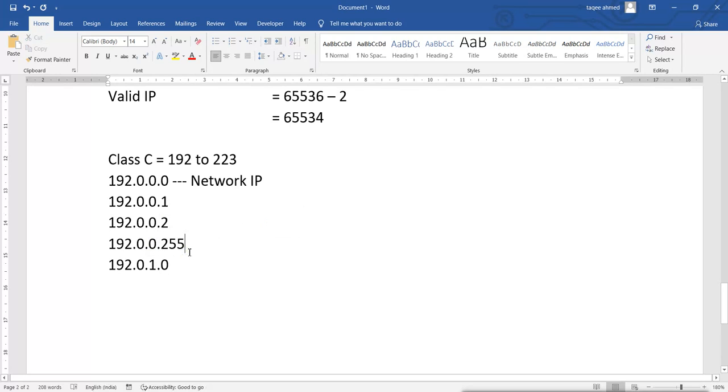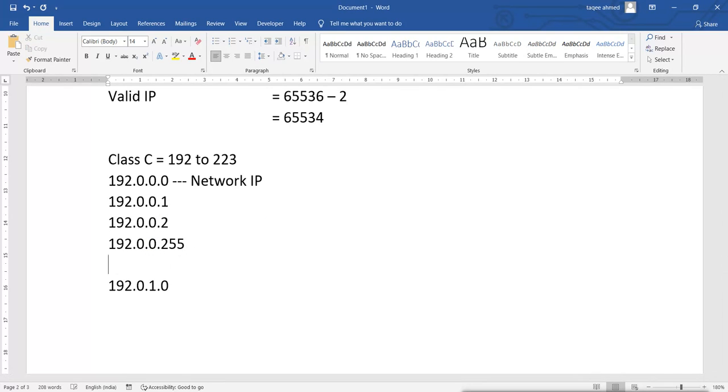Now that means your network will end here, and this IP will be the last IP of your network, and this will be the broadcast IP. So you are getting fewer IPs for hosts, and the next network will start from here.